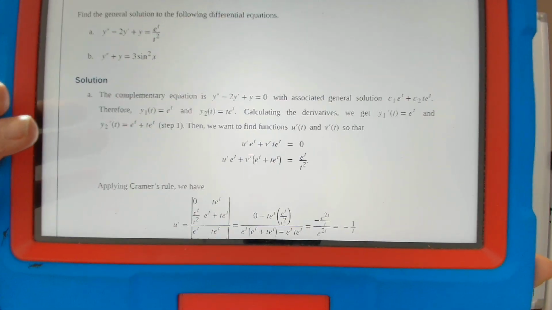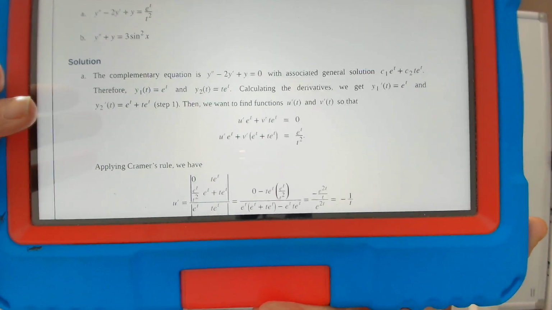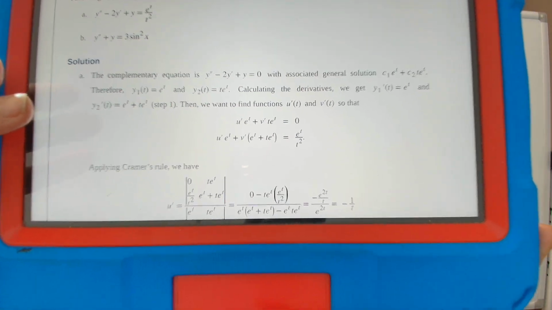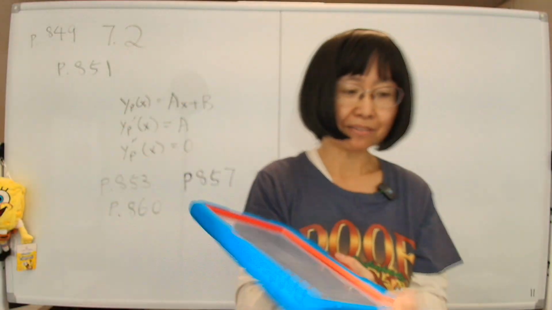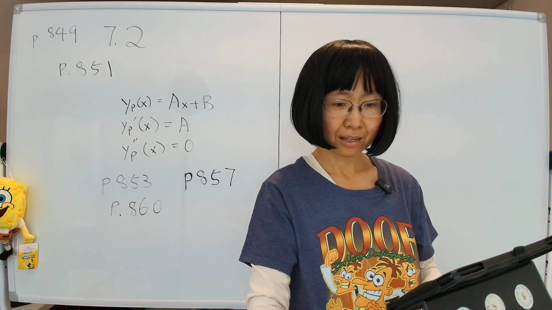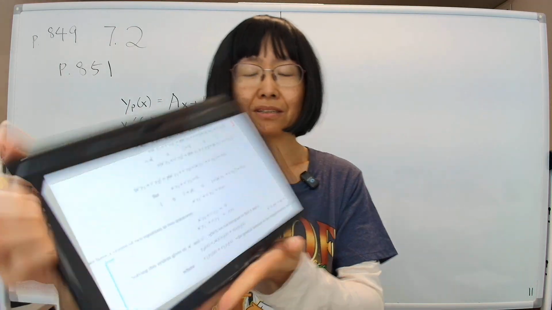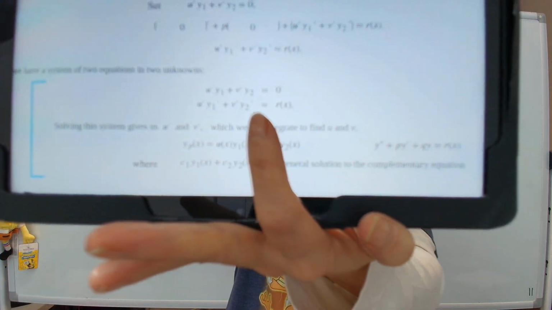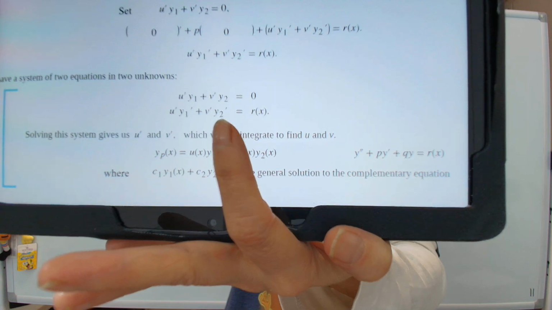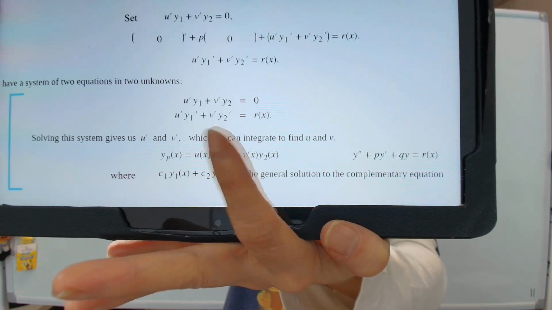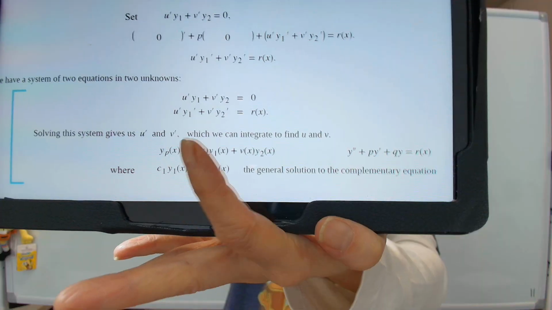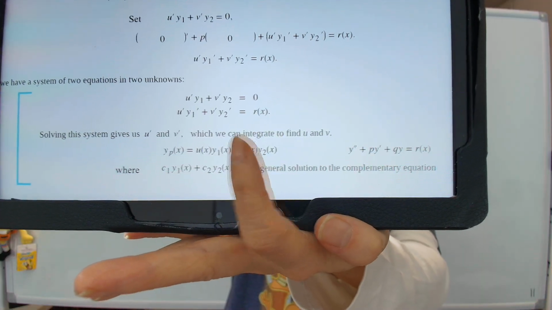And we calculate what the y primes are because we're following the... do we need to do that? Let me see. Yeah, we do need to calculate what y1 prime and y2 prime are because that's our equation right here, right? We have to calculate all the stuff, and so y1 prime, y2 prime is required.